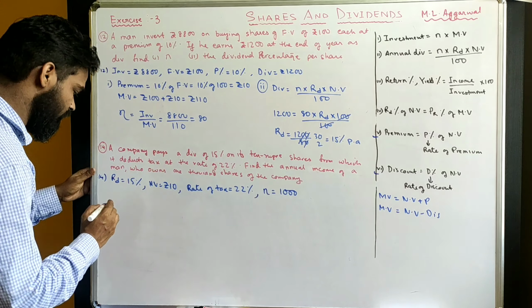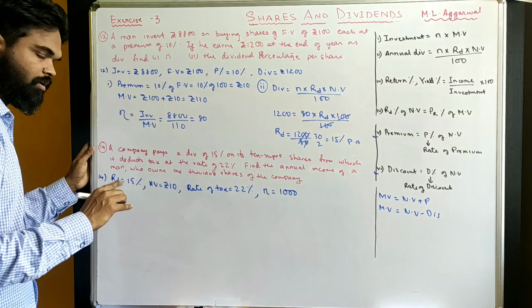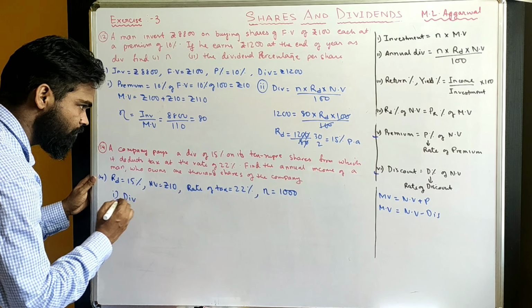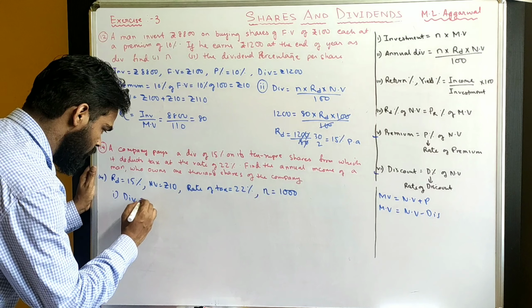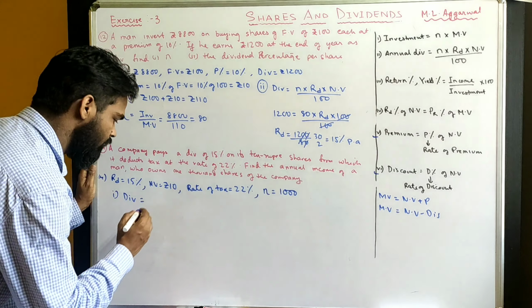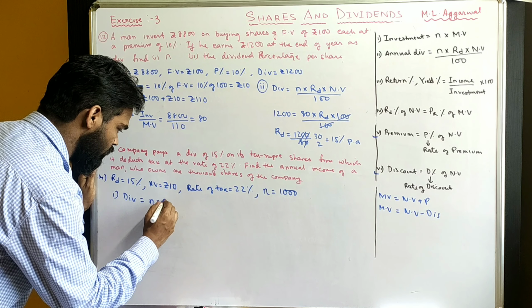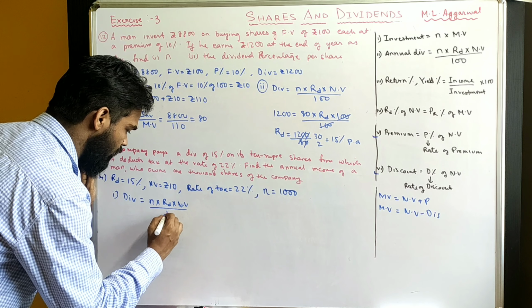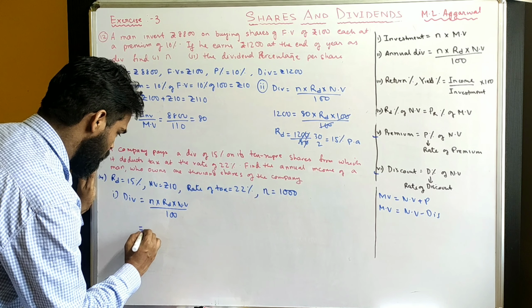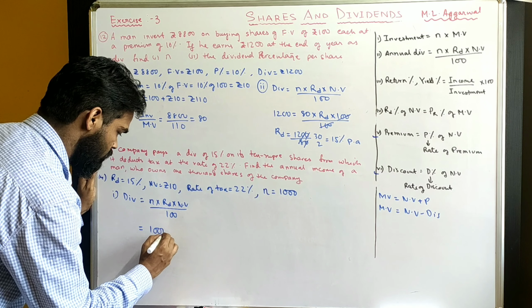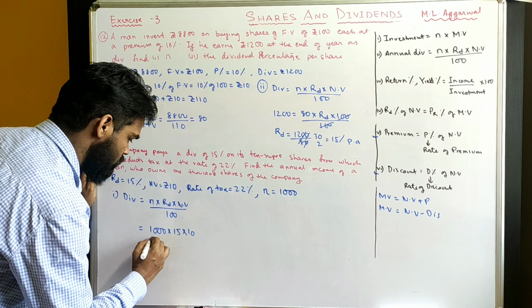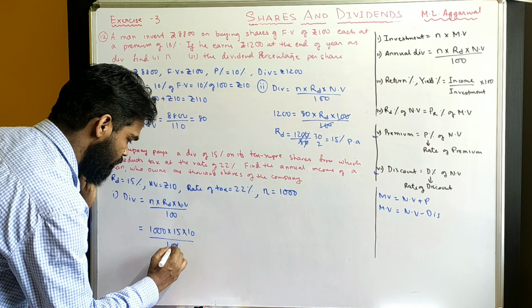First, we'll calculate the dividend. I told you tax is calculated on dividend only. So the dividend, before deducting the tax, is number of shares into rate of dividend into the nominal value by 100. That is 1000 into rate of dividend 15 into 10 by 100.